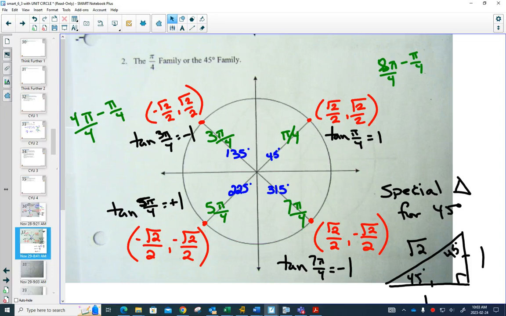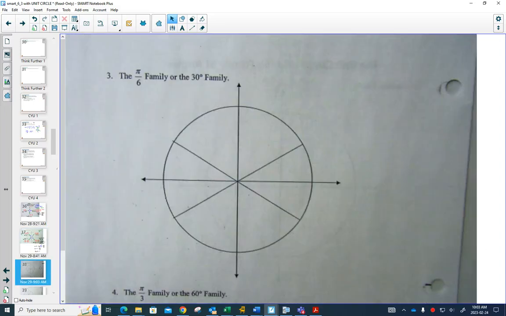Okay, turn the page. 2 more families to go. Pi over 6 family. The 30-degree family. Draw your dots. All of those dots have a reference angle of 30 degrees. All of them have a reference angle of pi over 6.